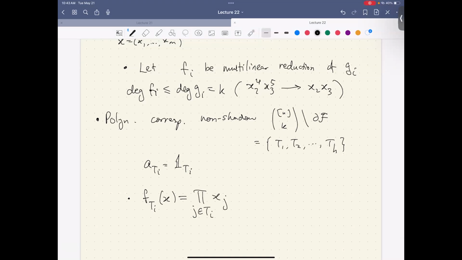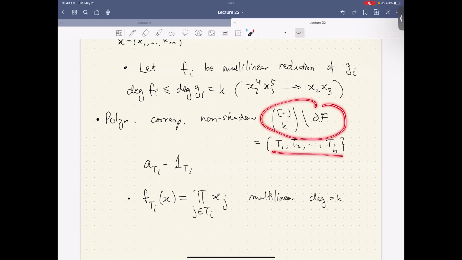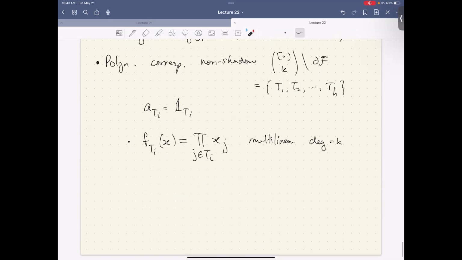This is a natural one we're going to use. This is multilinear. Degree exactly k. It's a k-set, you multiply k coordinates. So that's also good.